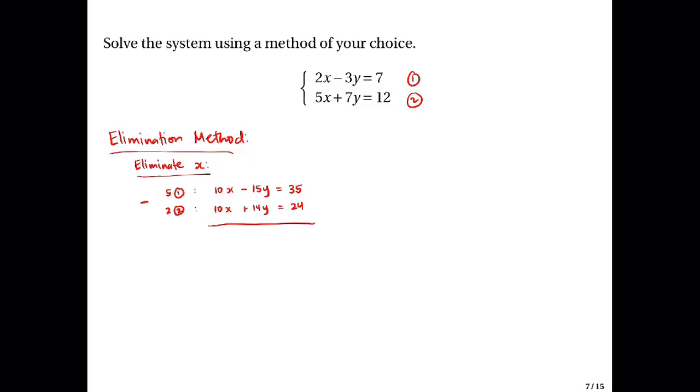Here we have -15y - 14y, that will become -29y, equals 35 - 24, that's equal to 11. And from here, we find that y equals -11/29.